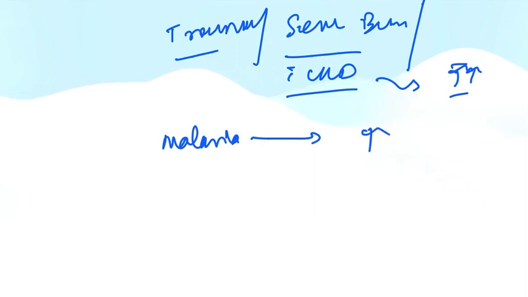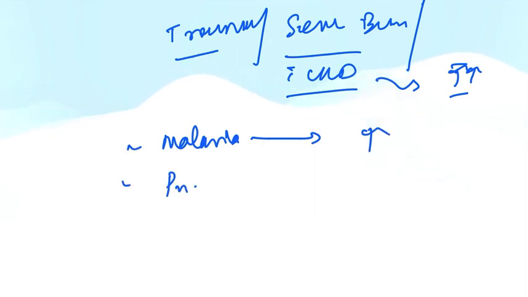severe burn injury, and patients with CKD. In CKD also the baseline procalcitonin value will be higher, right? Also in some other infections like malaria, baseline value of PCT will be higher.